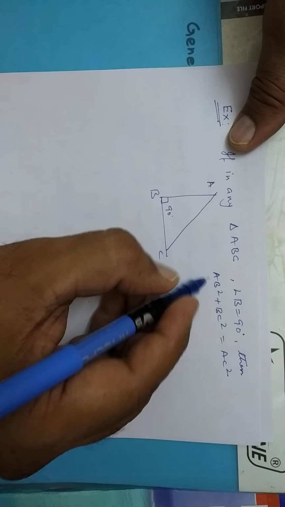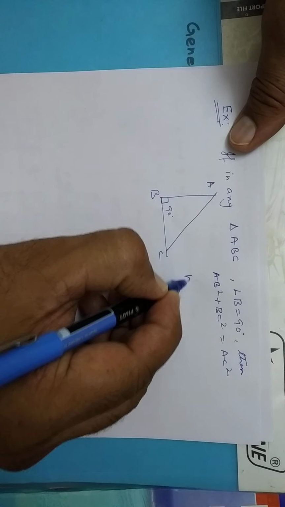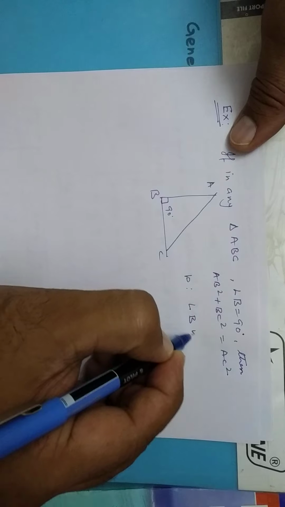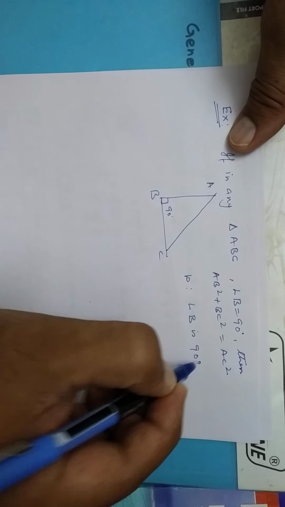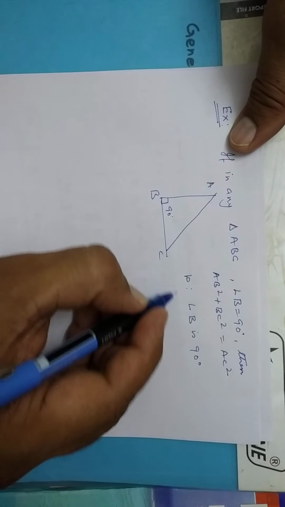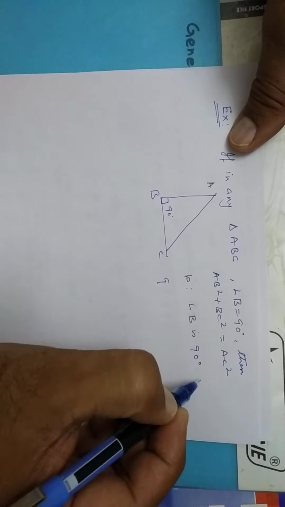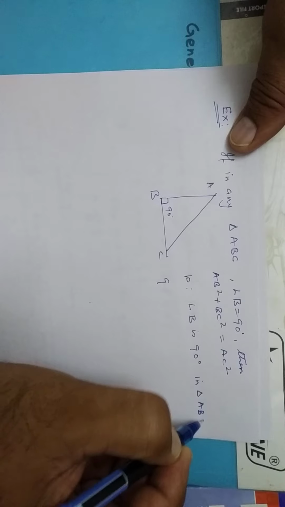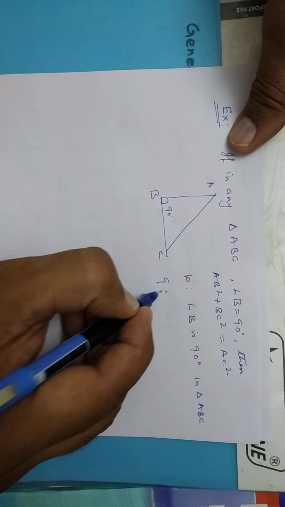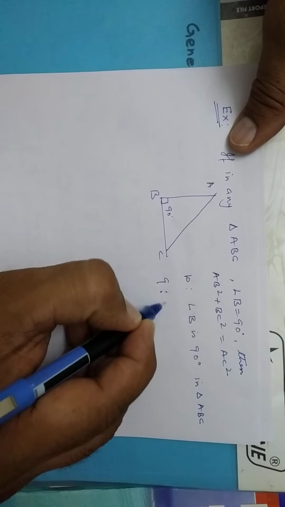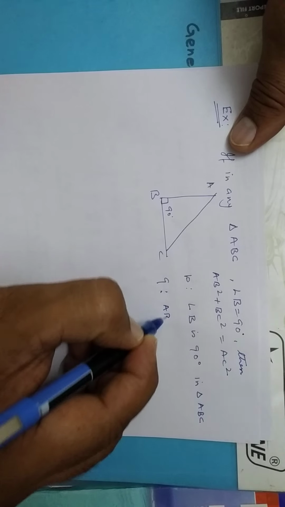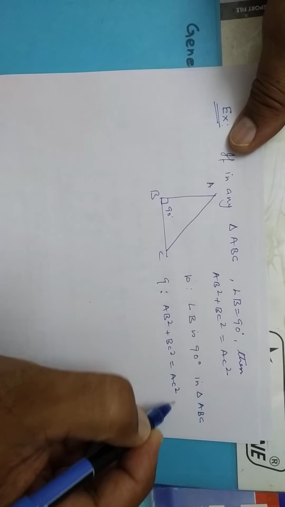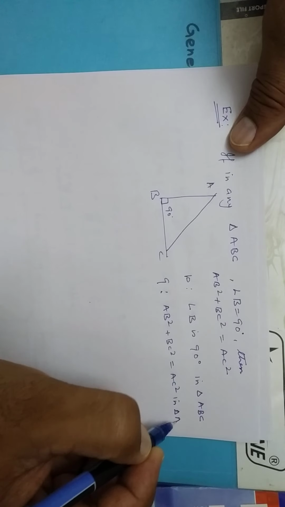Here P is angle B is 90 degrees in triangle ABC, and Q is AB square plus BC square is equal to AC square in triangle ABC.